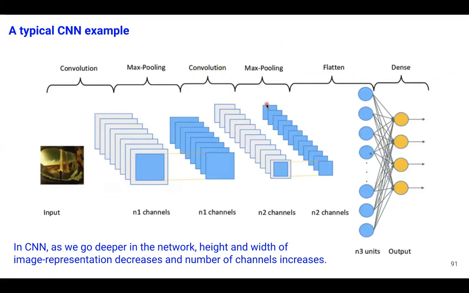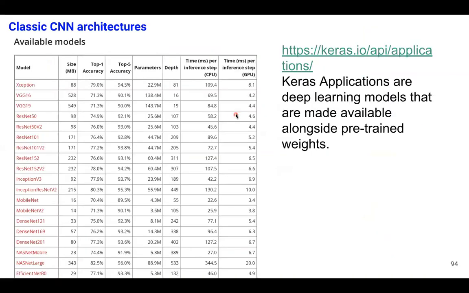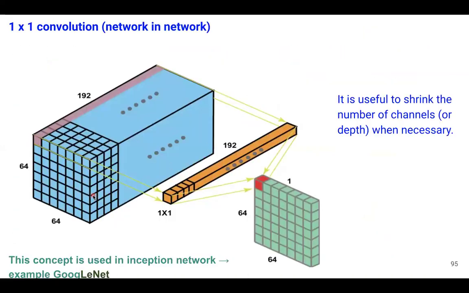If your CNN is too deep, you will reach a point when you have a very big number of channels. And if you feel that this is too big to handle by the computing power that is available to you, then sometimes people use this 1x1 convolution.